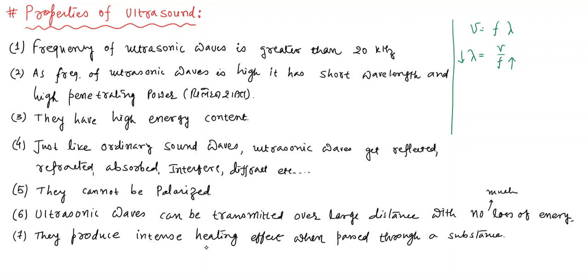So now it has high energy. So whenever it is passing through any object, they produce heating effect. So this is one of the properties, and this is the last and important.